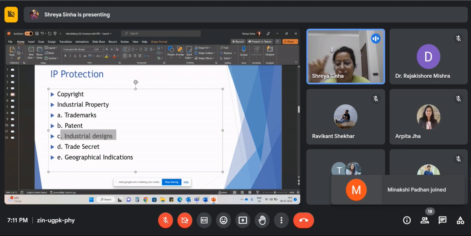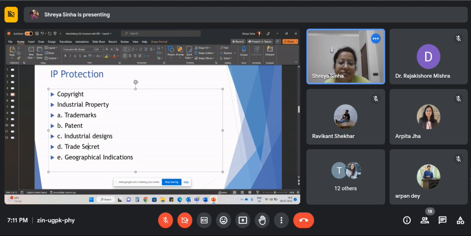Suppose the wrapper is removed from the Coke and Pepsi bottles and both the designs are the same, we'll think, okay, both are Coke bottles, and since Coke is so renowned for its taste, we'll automatically say, okay, this also must be nice and tasty, because the bottle size and shape is the same as the Coke bottle. But that is not the case, because the other one is the Pepsi bottle. So filing the industrial design will help prevent this chaos.